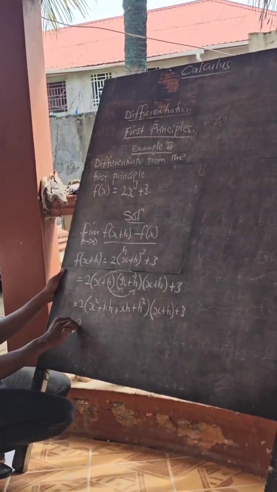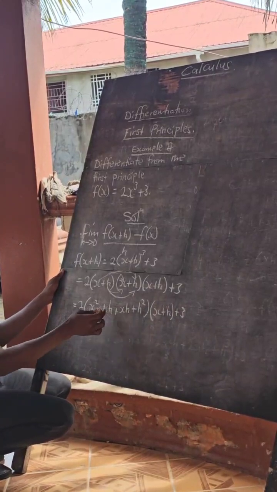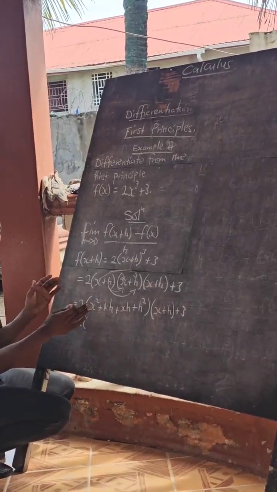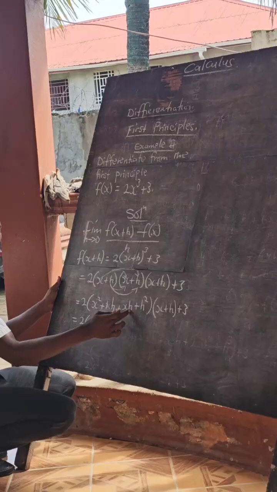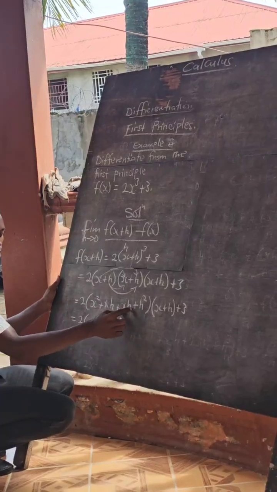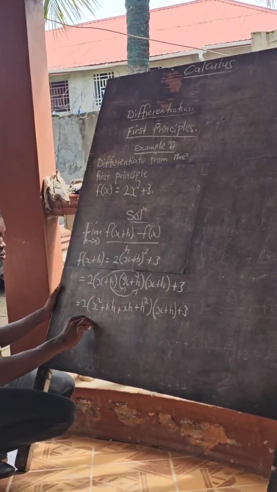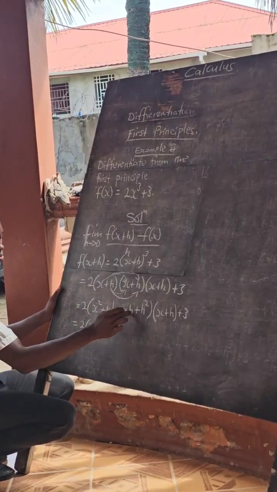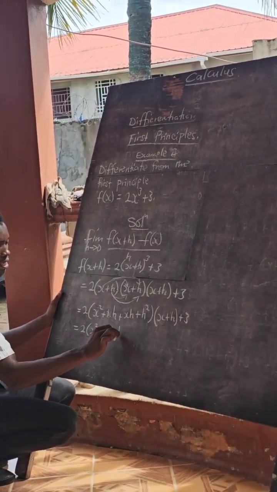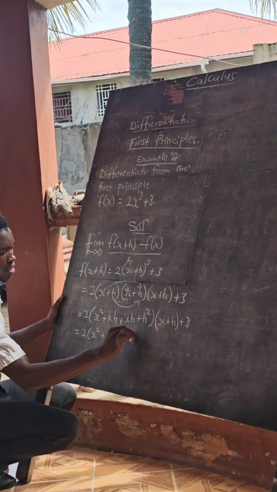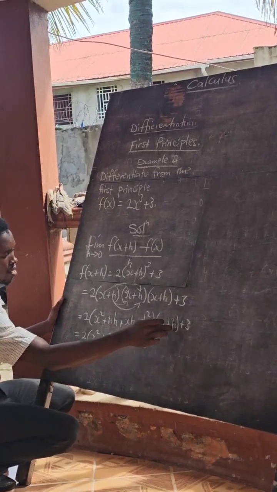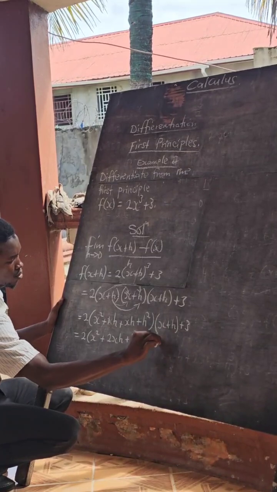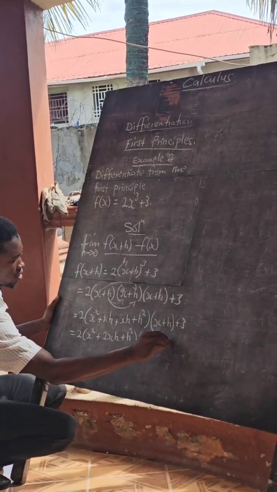We can still simplify. These that are the same, we can add them: xh plus xh gives us 2xh. So we have 2xh plus h squared multiplied by x plus h, plus 3.